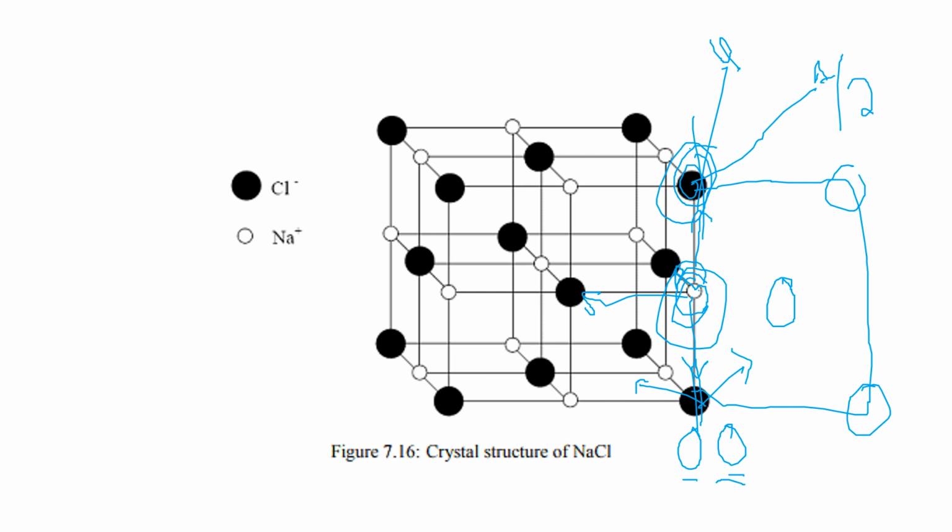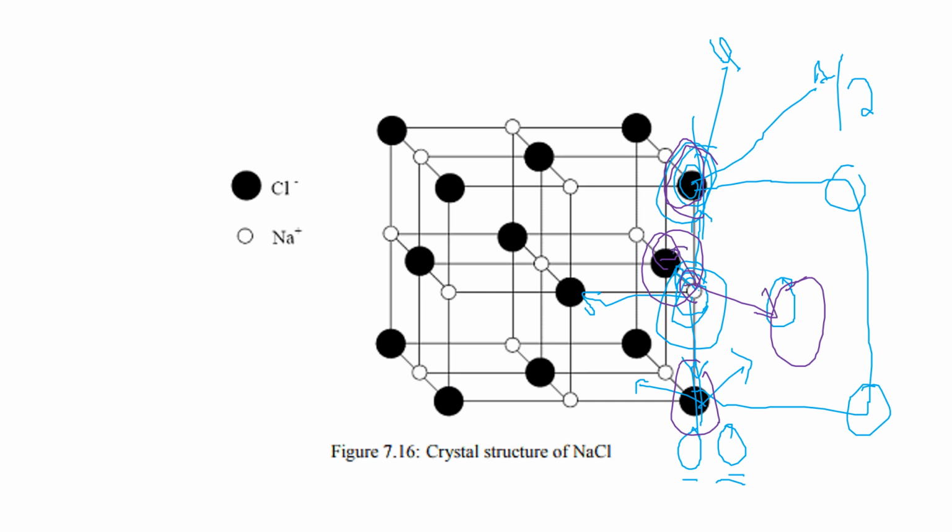So according to this structure, let me change the color. This one and this one are halved, but still this one and this one are free. So this Na will connect to this particle as well as this particle.